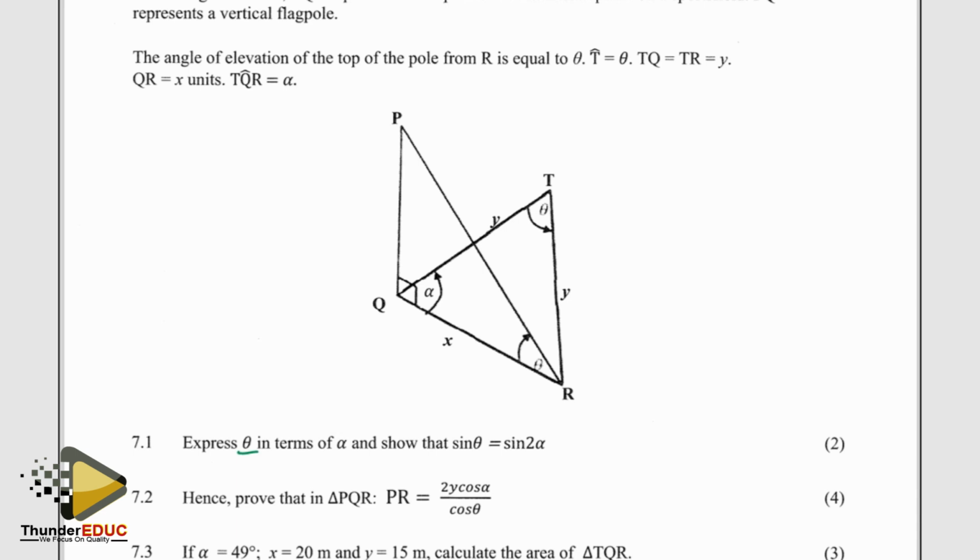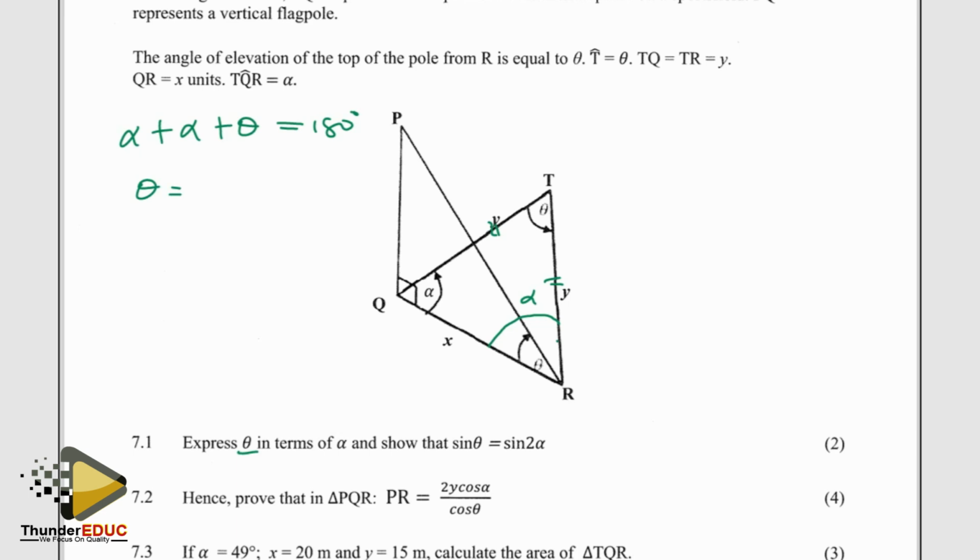So what I can see is that if this is a Y, this one is also a Y, which means this entire angle here is also going to be alpha. So I have alpha plus theta must give us 180.